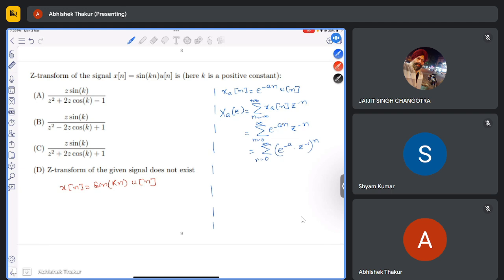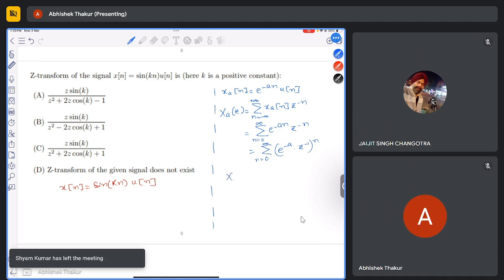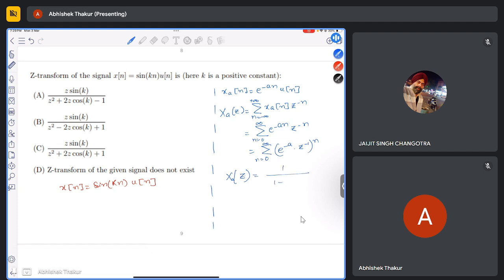So this is a GP series, and x of z is equal to 1 by 1 minus z inverse e to the power of minus a. So this will be the z transform. When we multiply with z in denominator and numerator, we will get z by z minus e to the power of minus a.